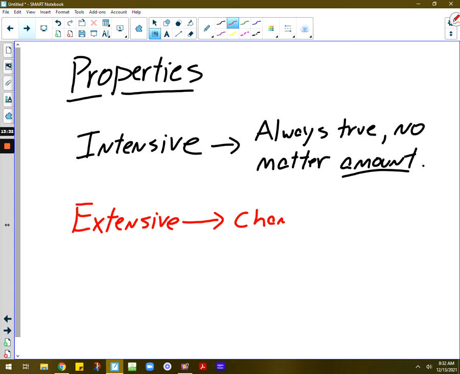They change with quantity. So, some examples of intensive properties.